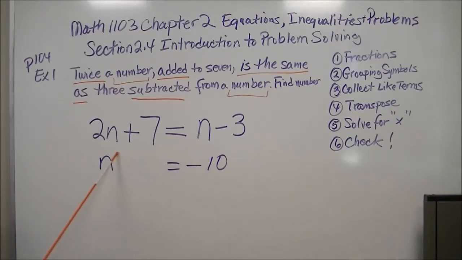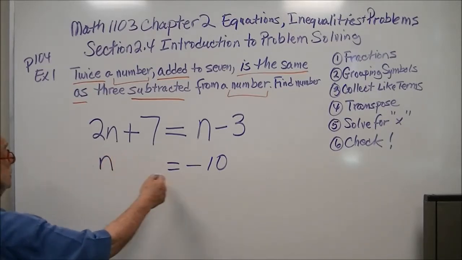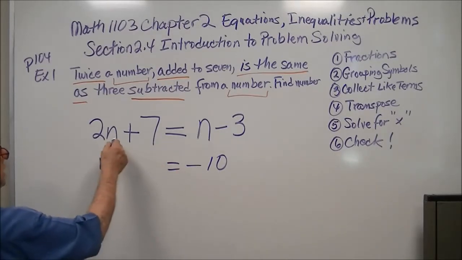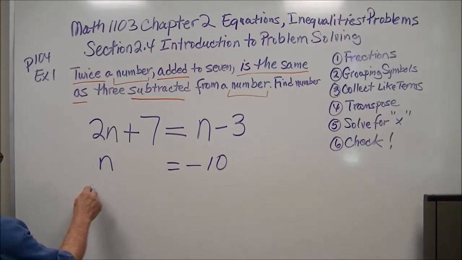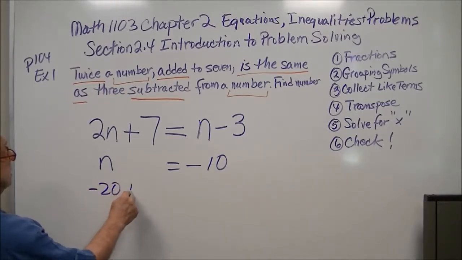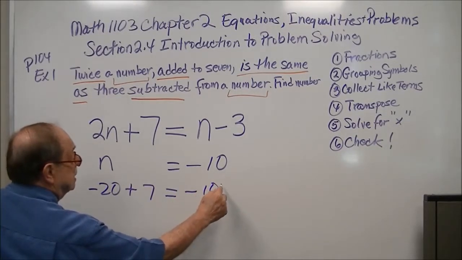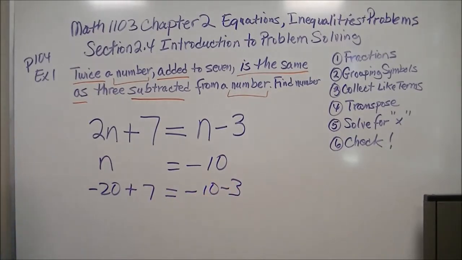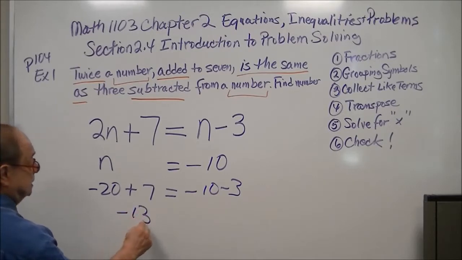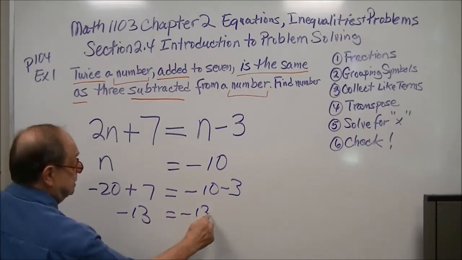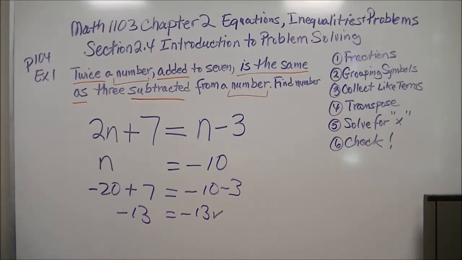So here we transpose the n, we transpose the +7, and that gives us our answer. Now if we put, just to check it, a -10 where the n is, this becomes the -20 plus 7 equals a -10 minus 3. Well, this is a -13 equals a -13, and it does, in fact, check.